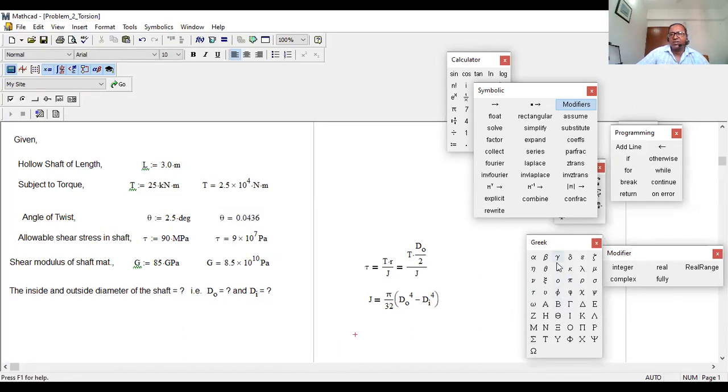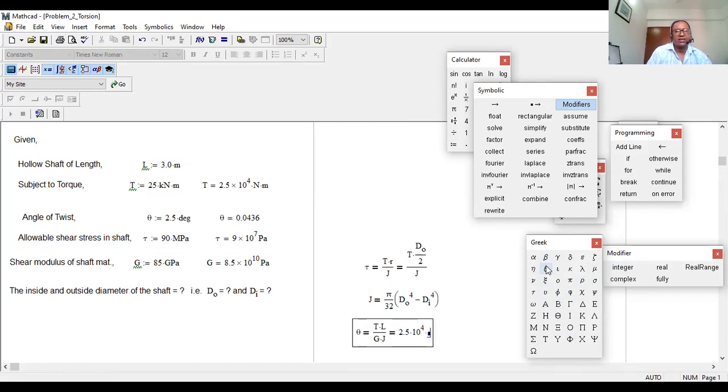So theta, we know that theta equals T times L divided by G times J. So this equals T, the value given, 2.5 into 10 to the power 4 Newton meter.